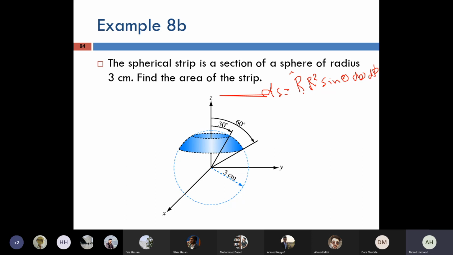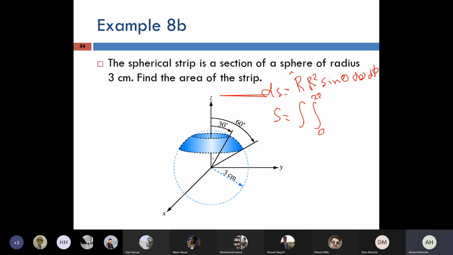So we have two integration parts. If you want the surface, the surface is equal to two integrations, integration 1 and integration 2. For d phi and d theta, from the first one, as I say, it is from 0 to 2 pi.